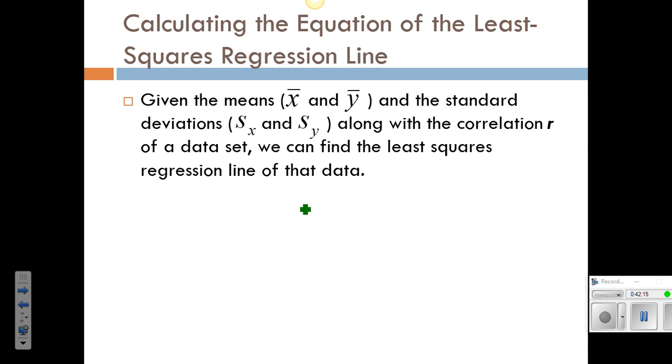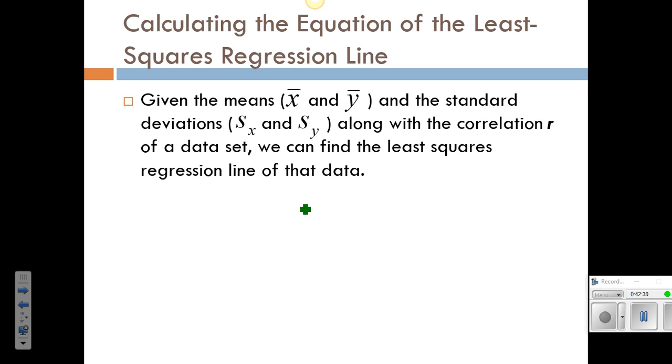X bar is when you literally add up all the x's and divide by 11. The y's are when you add up all the y's and you divide by 11. That's what x bar and y bar are. They're from the table, finding the average of x and the average of y.